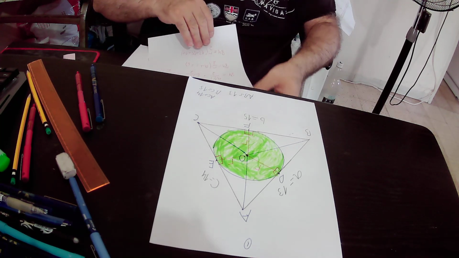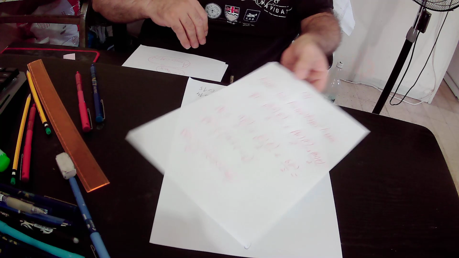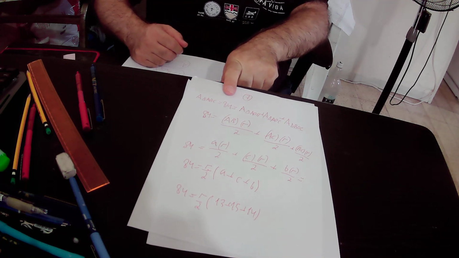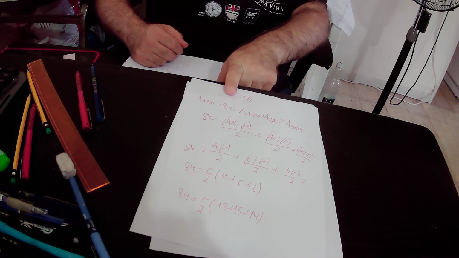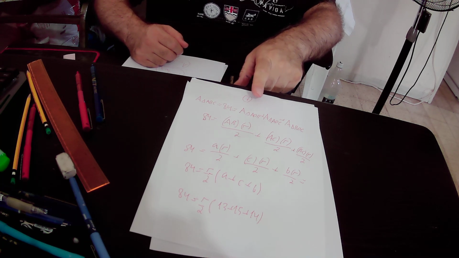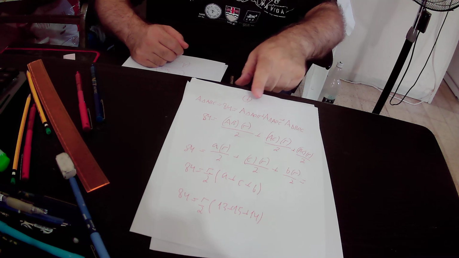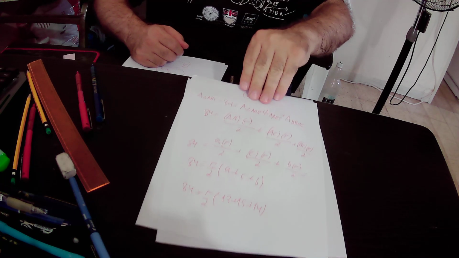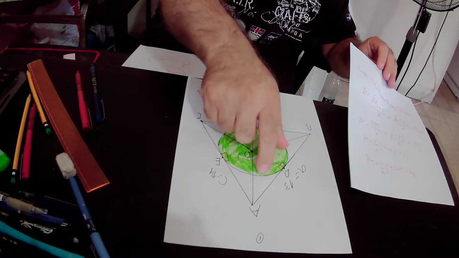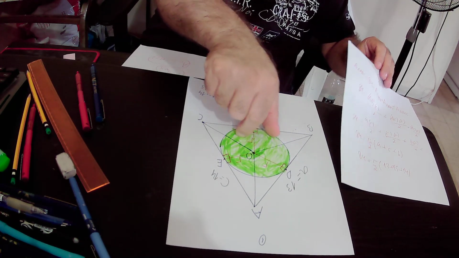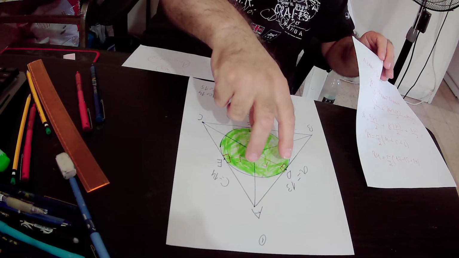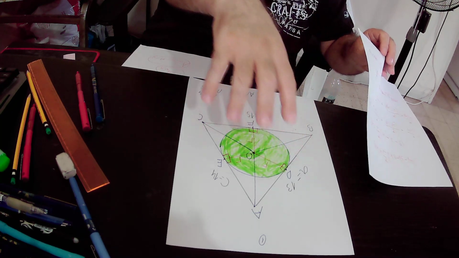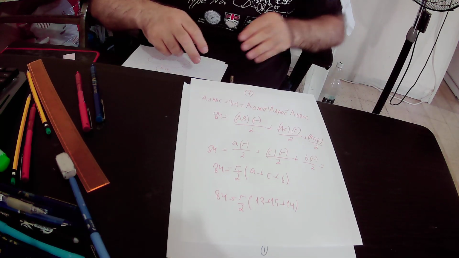So we created the equality that states that the area of triangle ABC, which equals 84 square units, equals the sum of the areas of the 3 triangles, triangle AOB, triangle AOC, and triangle BOC.